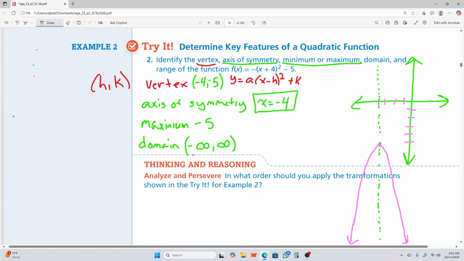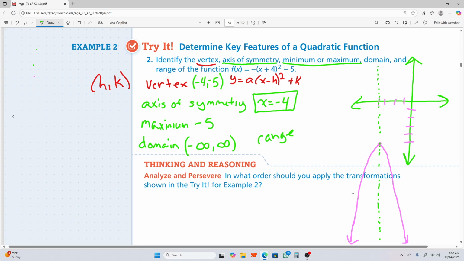And then the range, we can see that as x is approaching -infinity, y is approaching -infinity. As x approaches +infinity, y is approaching -infinity. So our smallest y value is -infinity.